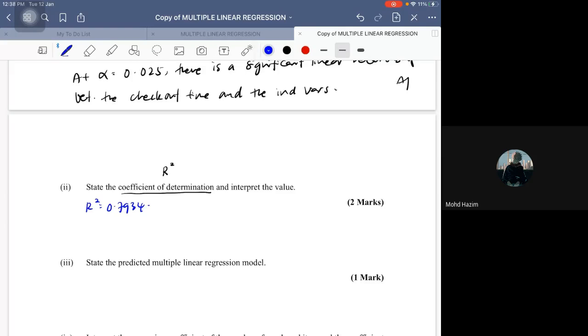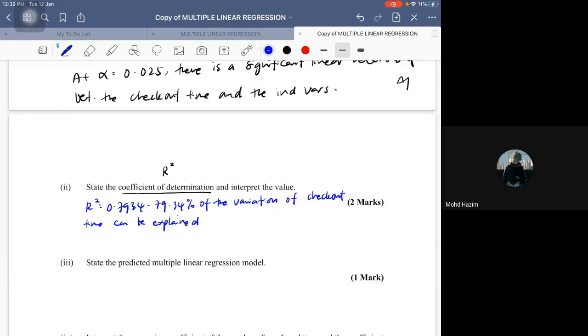So I'm going to say 79.3% of the variation of the dependent variable, variation of y. So what is our y? Our y is going to be the checkout time. Variation of checkout time can be explained by x. And for this case, we have 3 x.